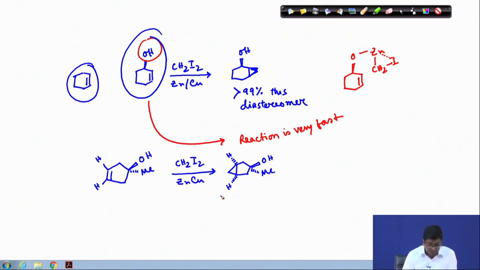Okay. So, this starting material, this olefin also in presence of Simmons-Smith reagent will give this particular stereoisomer.